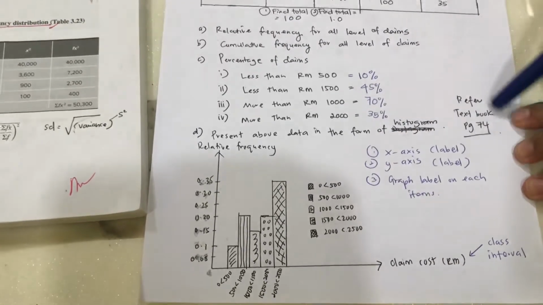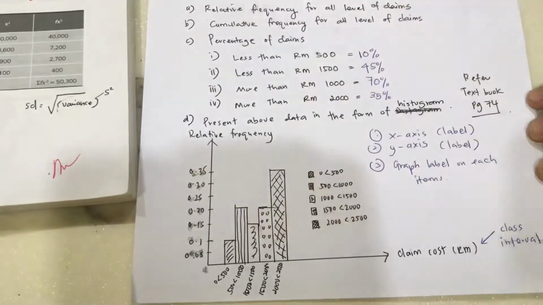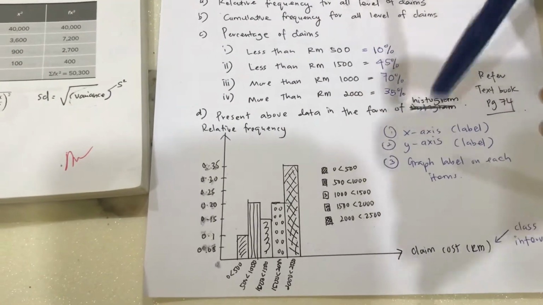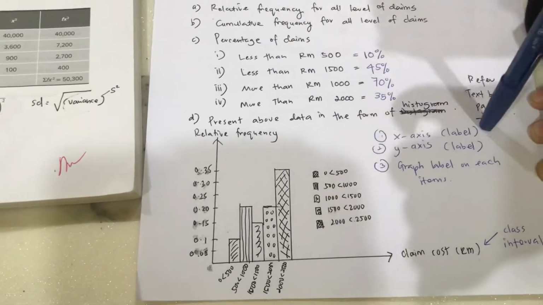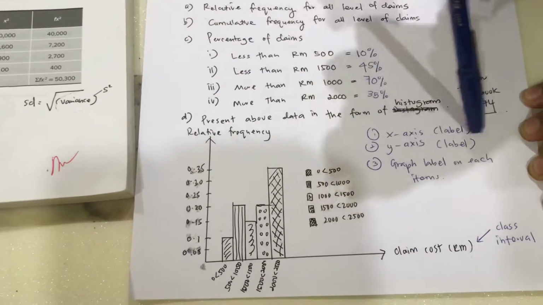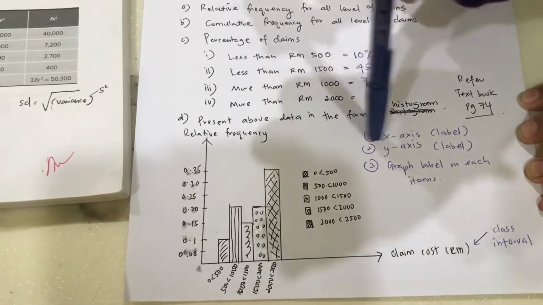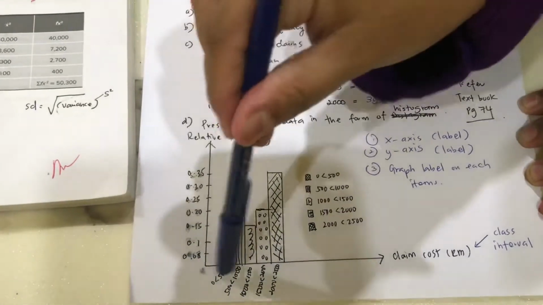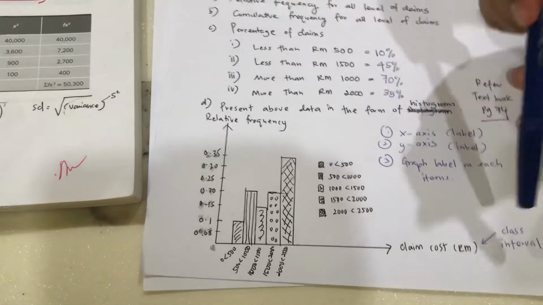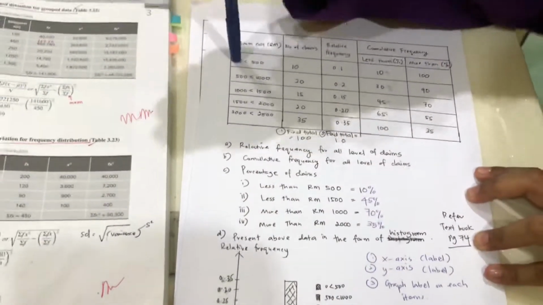You can refer to this question in your textbook on page 74. We have a few steps in order for you to answer the question. Number one, you must be able to draw your x-axis and your y-axis, and label both axes. The x-axis is your claim cost, which you get from your class interval, for example 0 to 500.